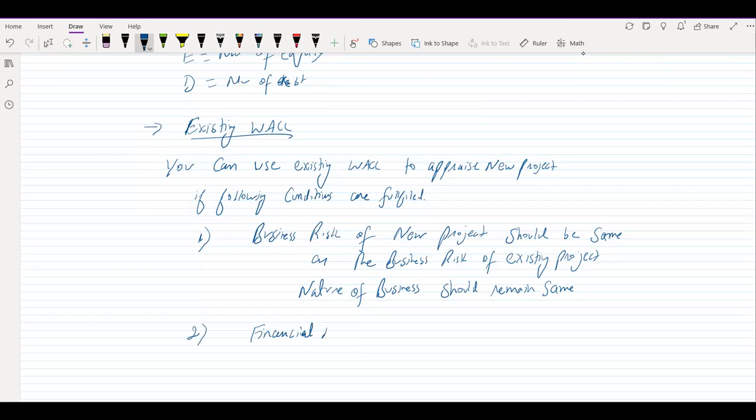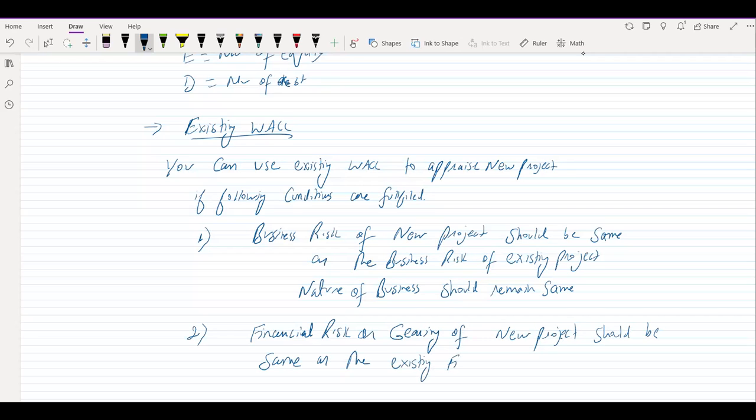Financial risk or gearing of new project should be same as the existing financial risk and gearing.